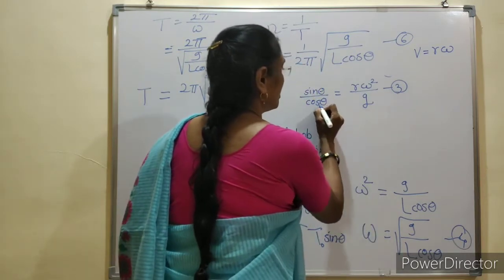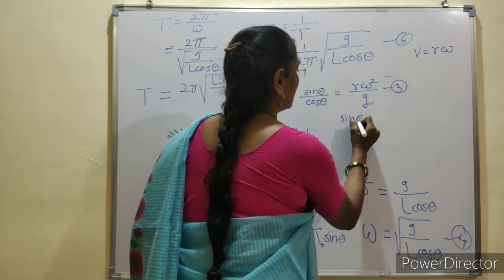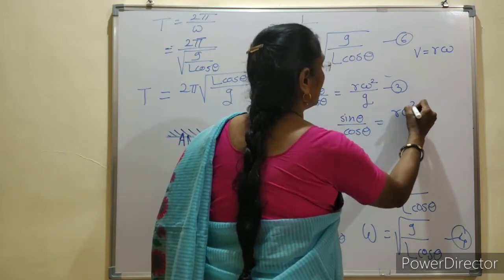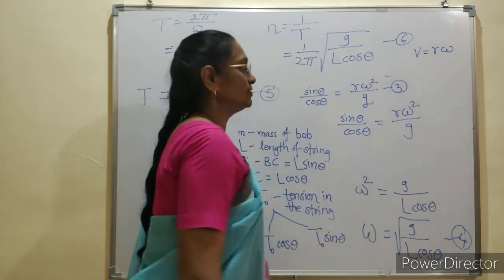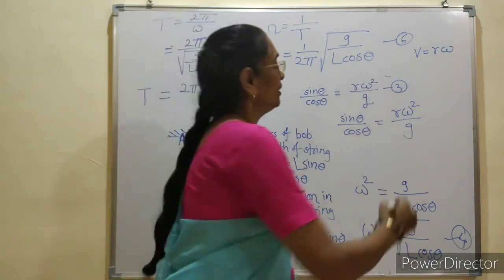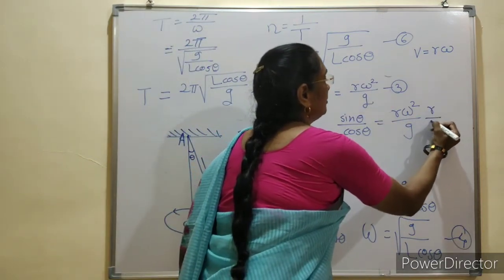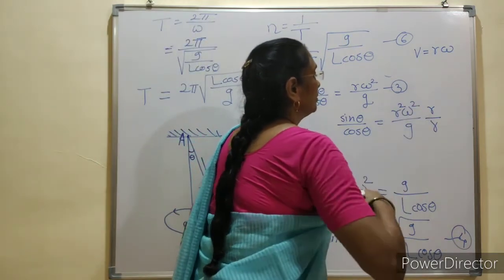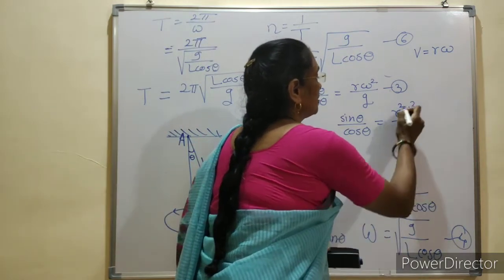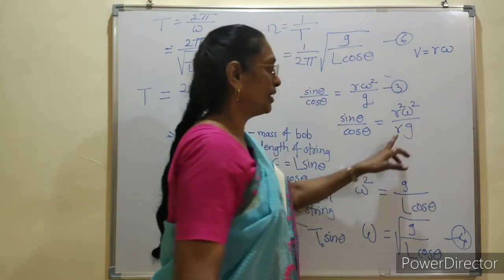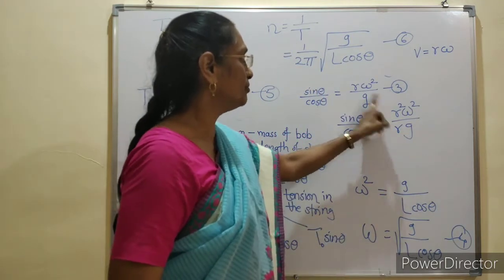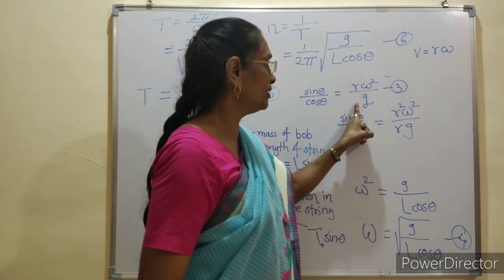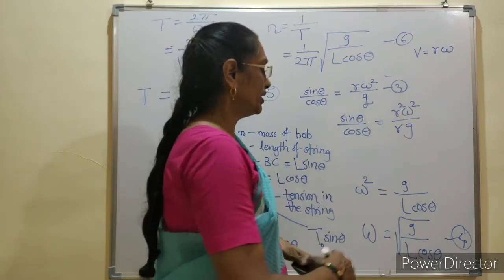We have sin theta upon cos theta is equal to R omega square upon g. Multiplying numerator by R and denominator by R, we get R square omega square upon R g.